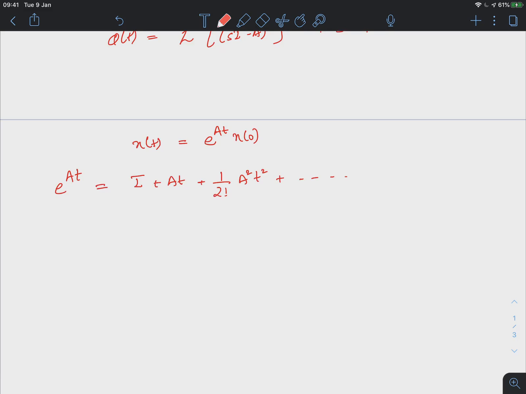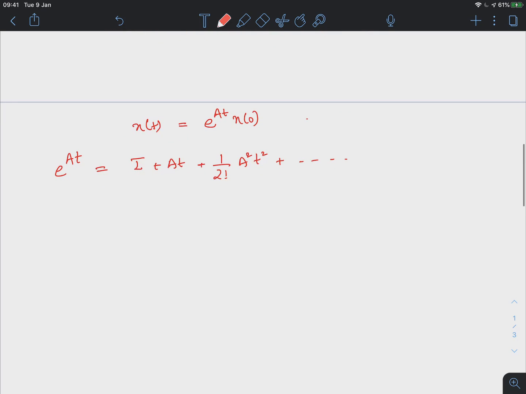So just to verify whether this x of t is basically the solution of the homogeneous state equation, to validate this, we'll take the derivative of this exponential term, d e to the power At by dt.